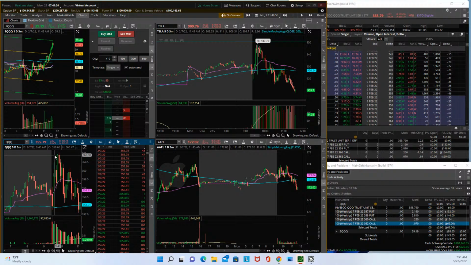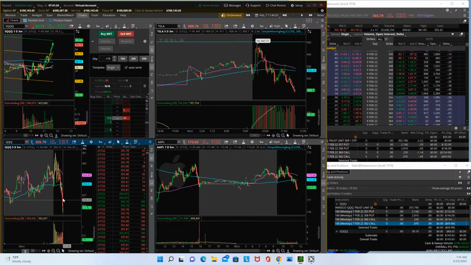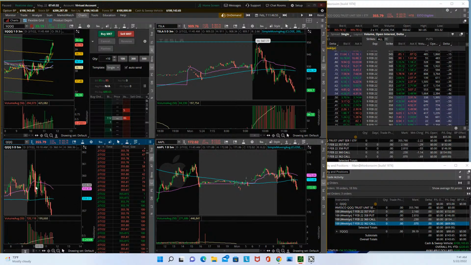I think that I would have been really happy with that. It kind of looked like we lost on the day. We were losing because we were chopping a little bit. But once we closed a little bit below VWAP, I thought here we were going to get that push down, but we didn't. Here I thought we were going to rip.